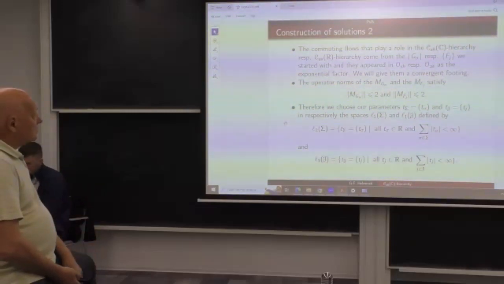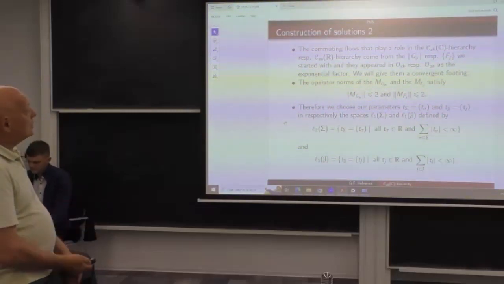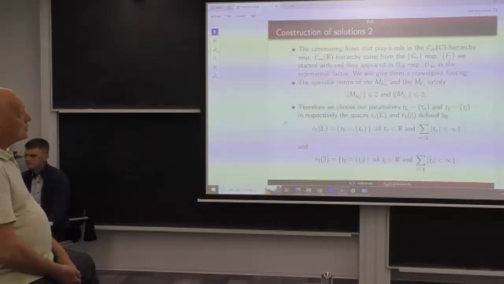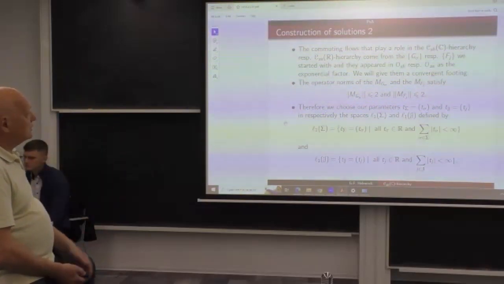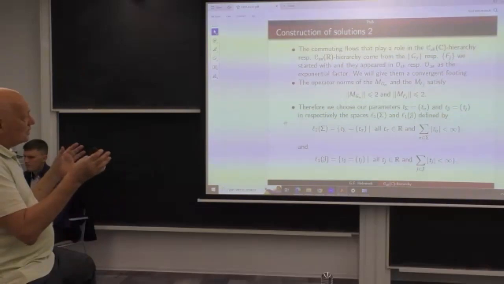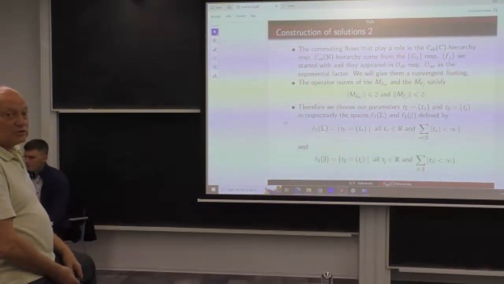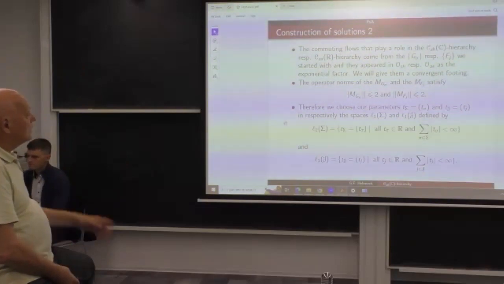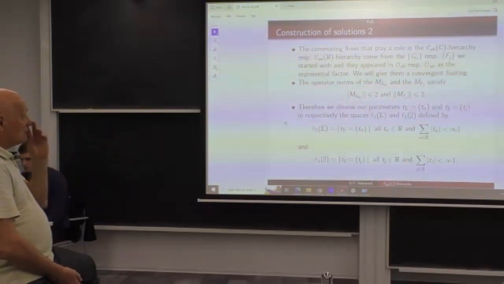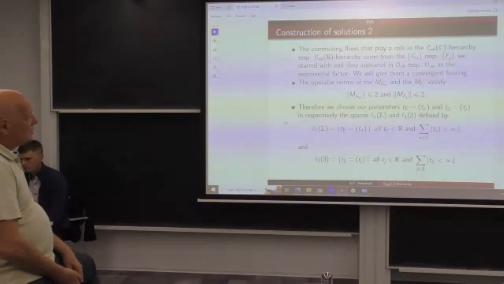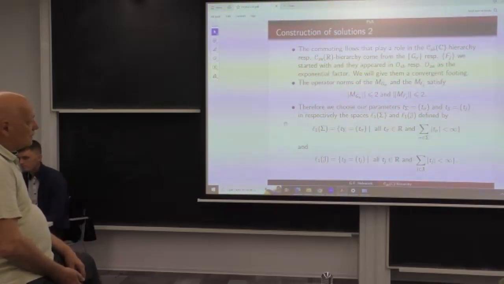Now, I know I'm going to make the commuting flows that occurred in the whole story that I told. They are inside the exponential factors that I use, so I give them a convergent footing. Now, if you look at multiplication with G sigma, that's an operator that has operator norm smaller or equal to 2, and the same holds for the FJ.